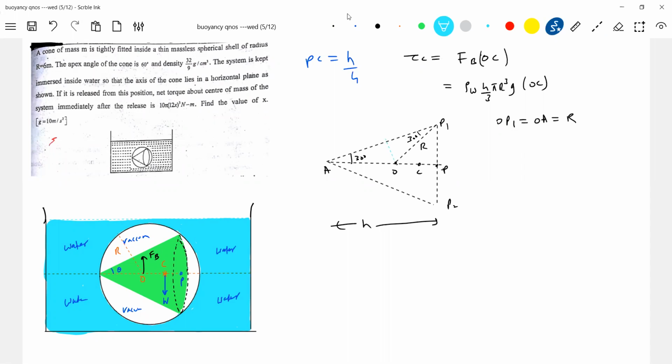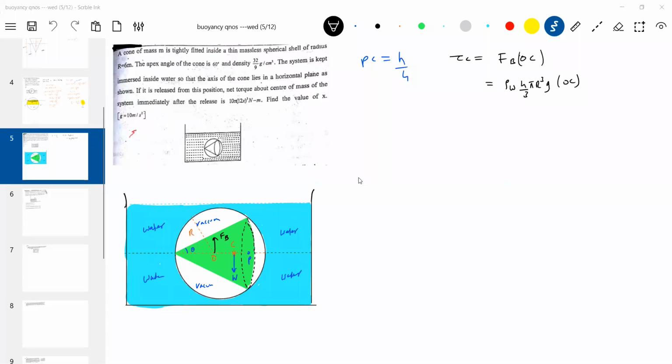So this angle should be 60. Anybody, value of AB? Cos 30 should be equal to, see the screen?